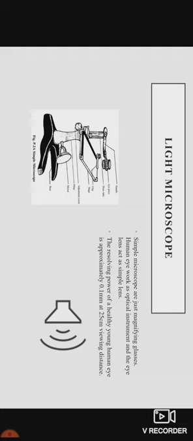In fact, human eye works as an optical instrument and the eye lens acts as a simple lens. The resolving power of a healthy young human eye is approximately 0.1 millimeter at 25 centimeter viewing distance.